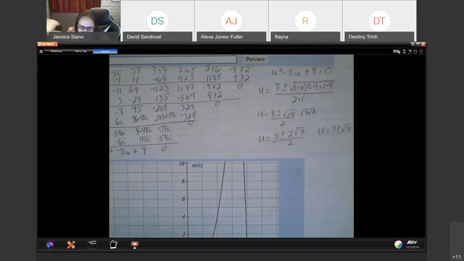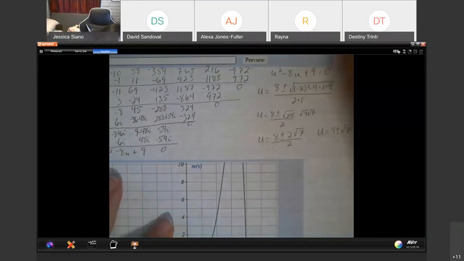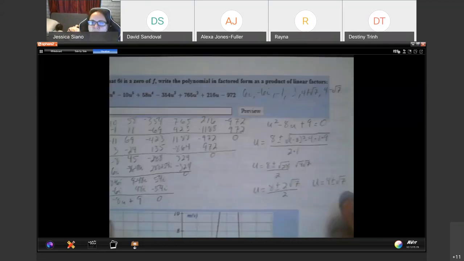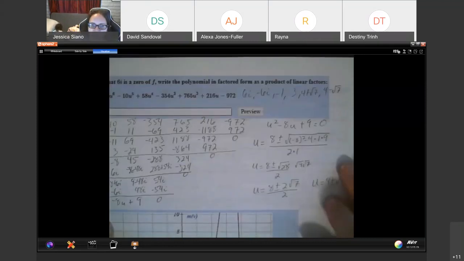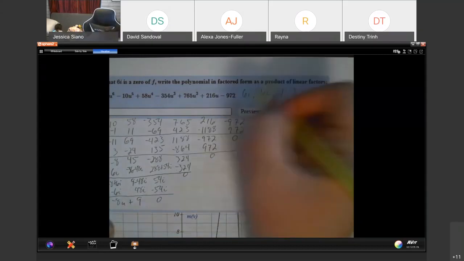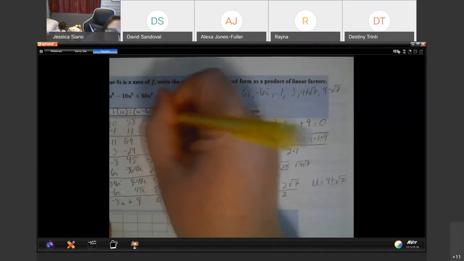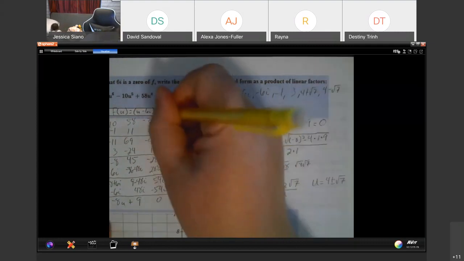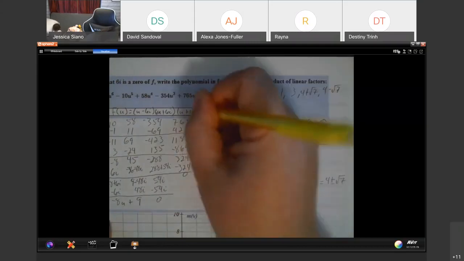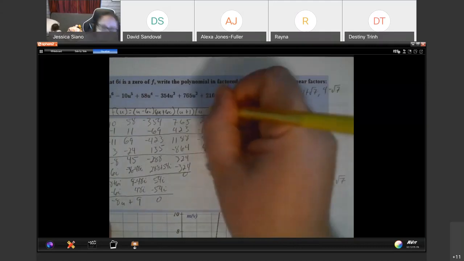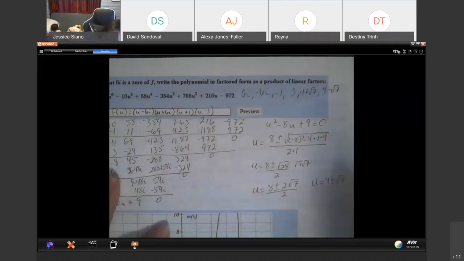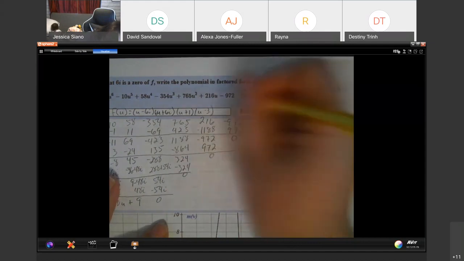Okay, so if we're writing this in factored form, I would have, let's see, u minus 6i, u plus 6i, u plus 1, u minus 3, and then I'm going to bump up to above the box because of this stupid thing.